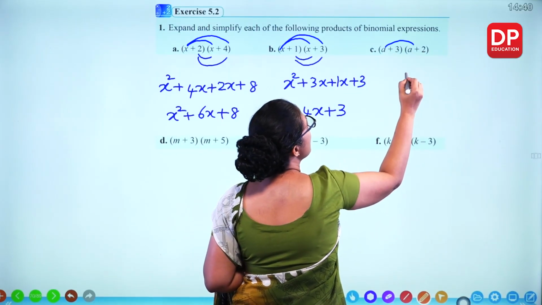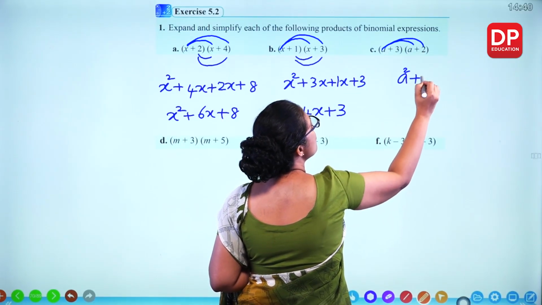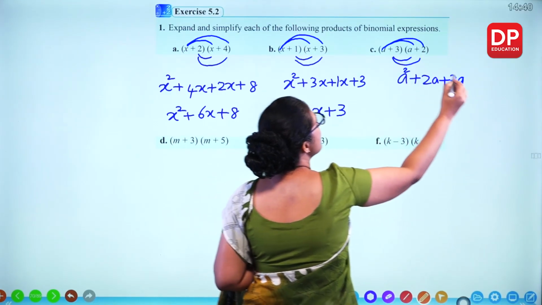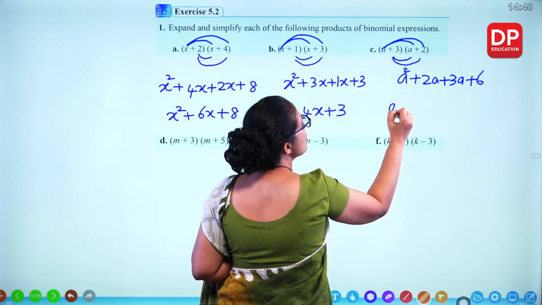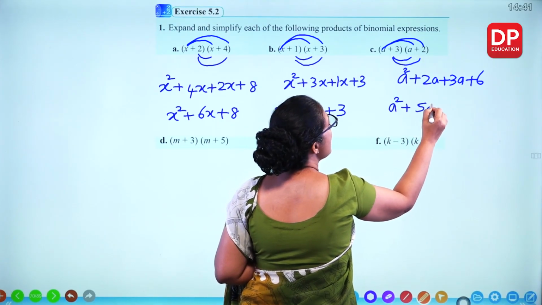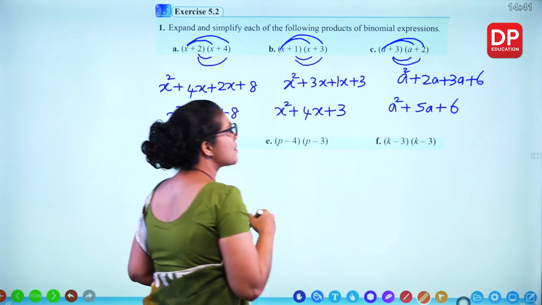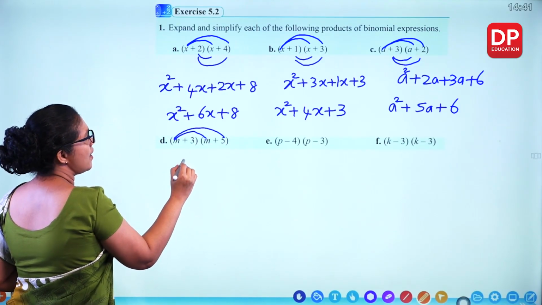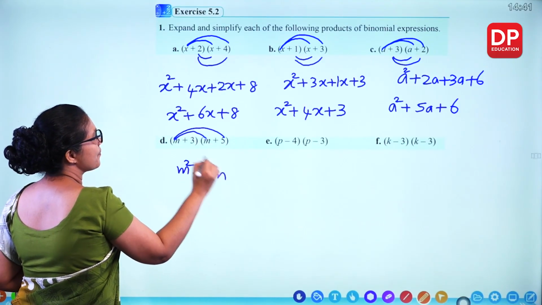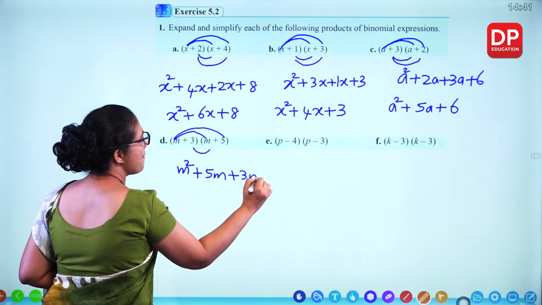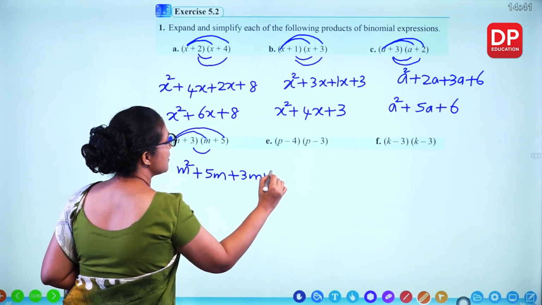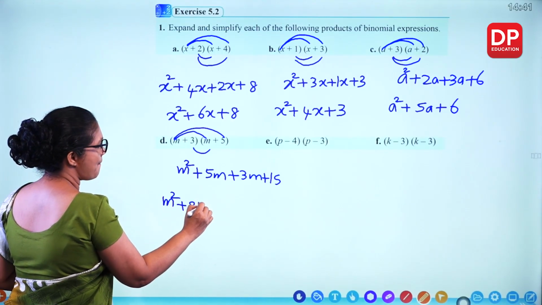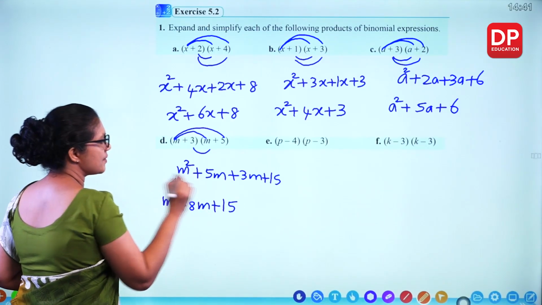This one, a squared plus 2a plus 3a and plus 6. A squared plus 5a plus 6. M squared plus 5m plus 3m plus 15. You get m squared plus 8m plus 15.